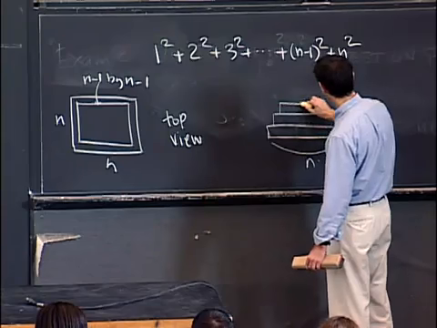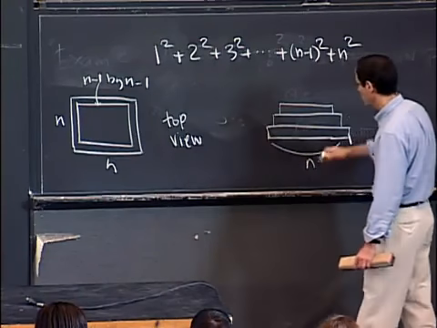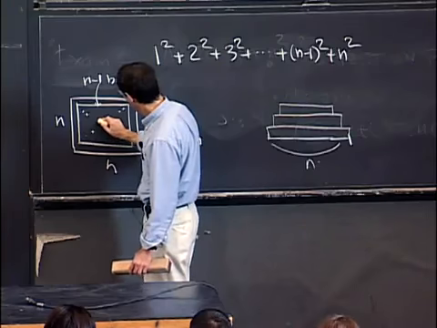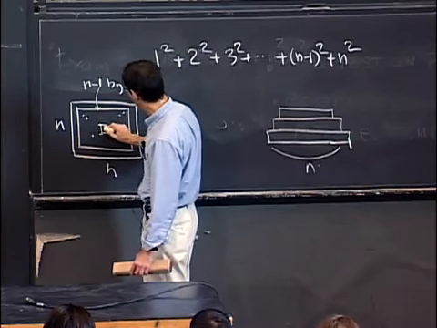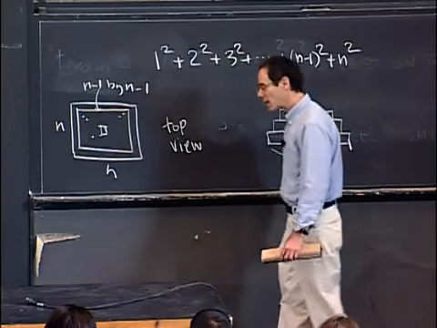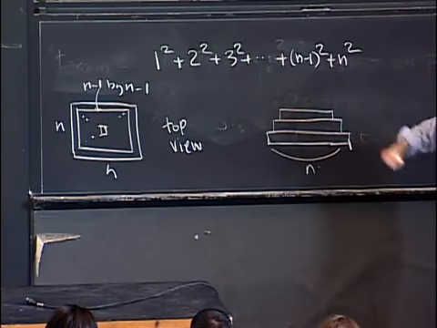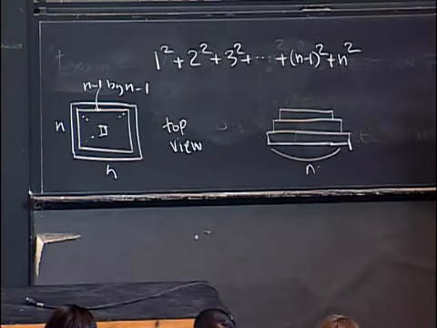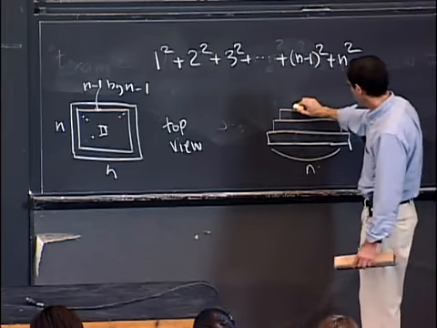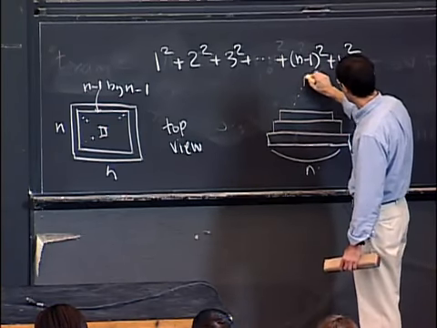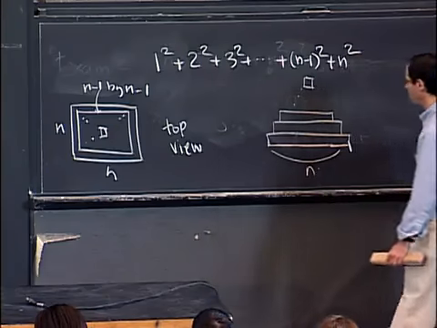And then on top of that, we have something of length n minus 2, and so forth. And we're going to pile them up. So we pile them up all the way to the top, which is just one giant block of stone. And that's this last one, 1 squared. So we're going backwards in the sum. And so I have to build this whole thing up. And I get all the way up in this staircase pattern to this top block up there.